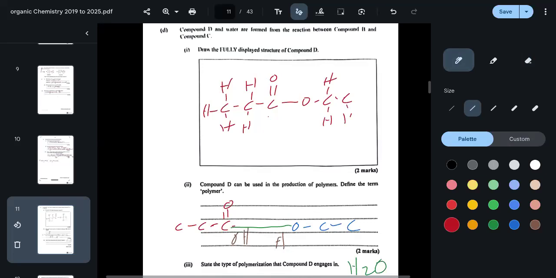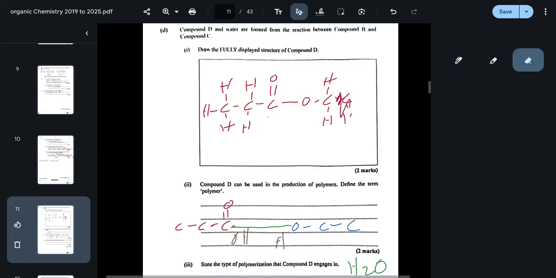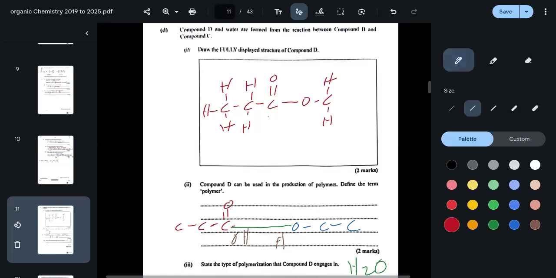Let me just straighten that line. All right, so that is the ester. They did not ask for the name, but let me just remind you how to name the ester.